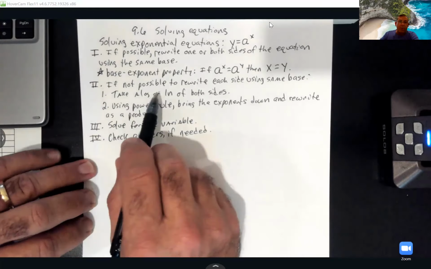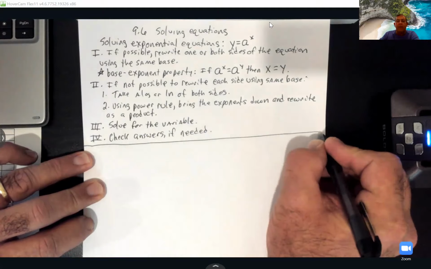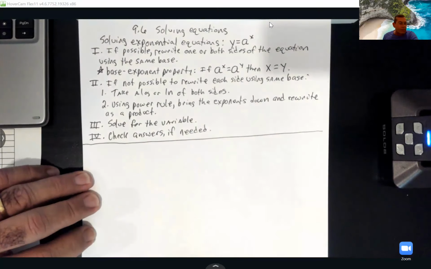Hey, y'all, so that's the steps I'm going to be following. So let's start solving some equations.